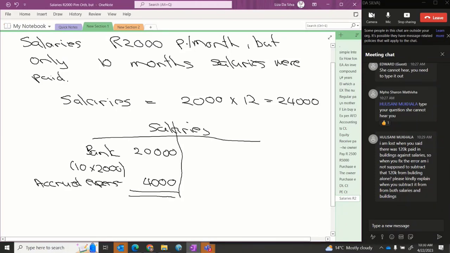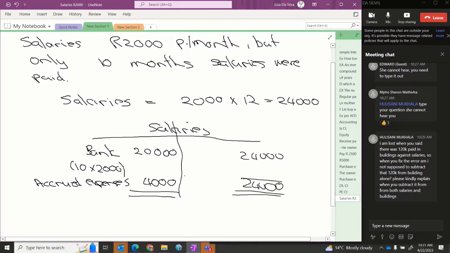So, although you didn't pay it yet, it should be shown in your accounts. Okay, I'm showing it in terms of a T account. For me, it's just easier to understand if you do it this way, where should what go where? Okay, because your balance should be 24,000. You understand that part?